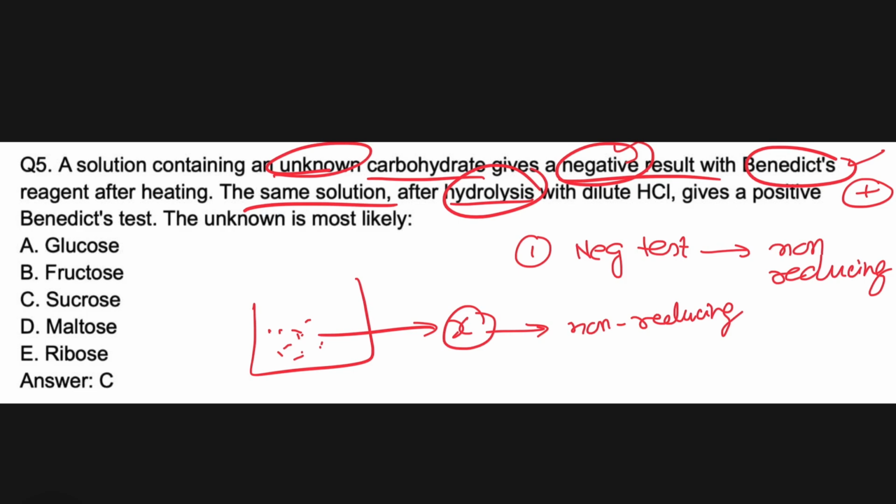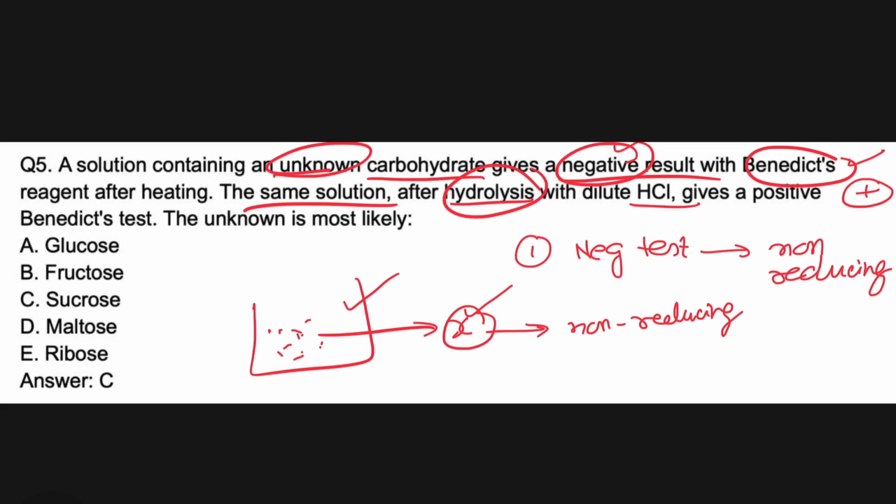So if you do hydrolysis of the solution, whatever sugar it was, you did hydrolysis with dilute H2O, and then it gave you a positive Benedict test. So tell me what type of sugar was it?